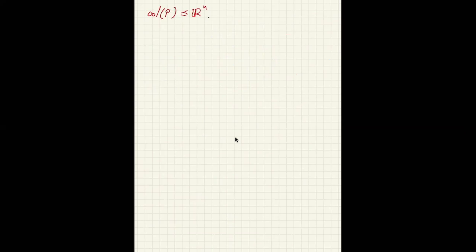Now, what does it mean that, in general, a subspace W of Rn is A invariant? This means that for any w in W, Aw stays in W. Okay, that's what it means.